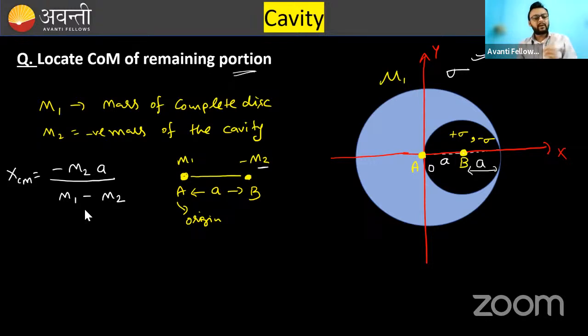The actual formula is M1 plus M2, but M2 is negative in nature, so it becomes M1 minus M2. Now what do we need to do? We need to calculate these masses M1 and M2, because I have only assumed them, and we don't know their values. So I am going to calculate the values of M1 and M2.